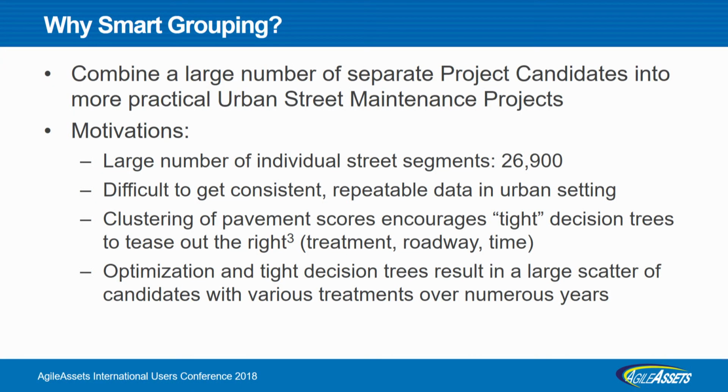So we want to combine a large number of separate project candidates into more practical urban projects. That's the bulk of it, because we have almost 27,000 individual street segments, and we manage our network at that granular level, block to block, intersection to intersection.